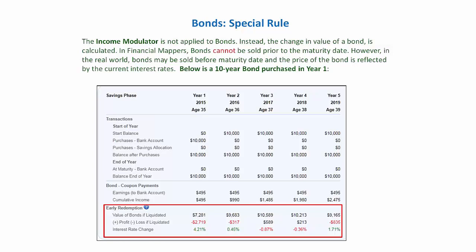In the real world, the value of the bond may be higher or lower than the face value, depending on whether the current bond coupon rate is less, in which case the value of your bond will be more, and if the coupon rate is higher, then the value of the bond will be less. In this example, the bond is a 10-year bond purchased in year 1. Note the change in value where rates are lower and higher than the bond rate.